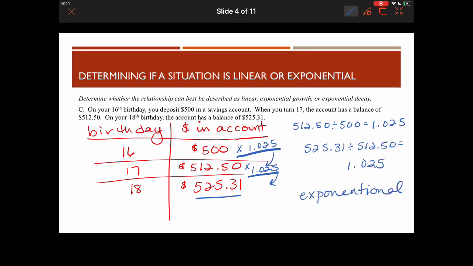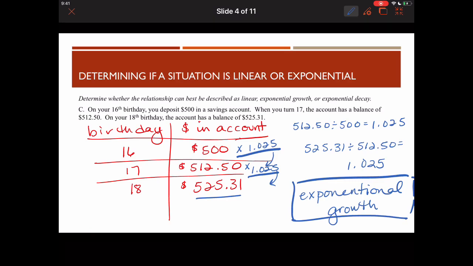Now, is it growth or decay? The amounts are getting bigger, right? We start at $500, we go to $512.50, $525, right? So this is exponential growth. Okay?